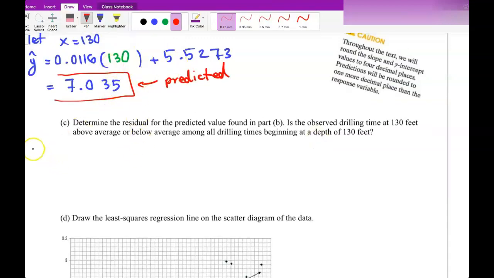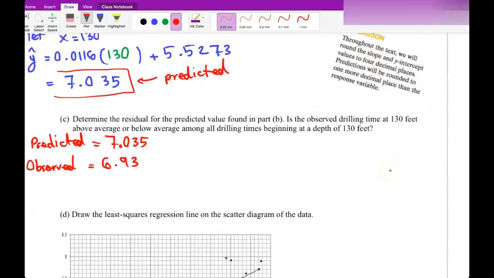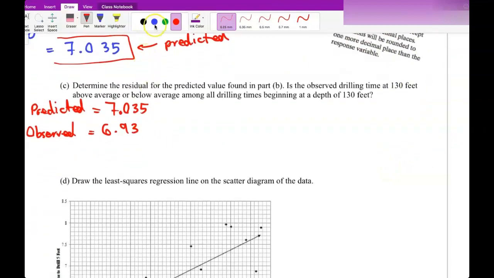So from the previous part, we know predicted is 7.035 and observed from the table is 6.93. Now find the residual, which is the difference between these two.